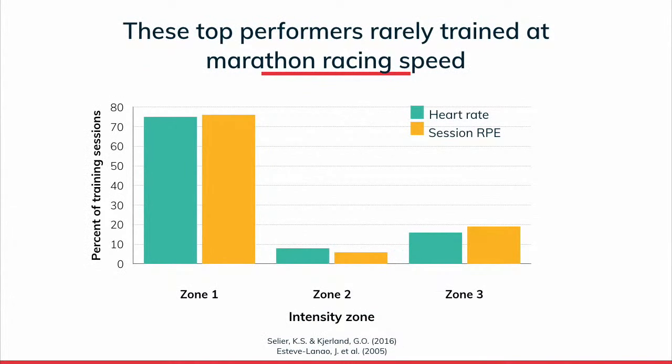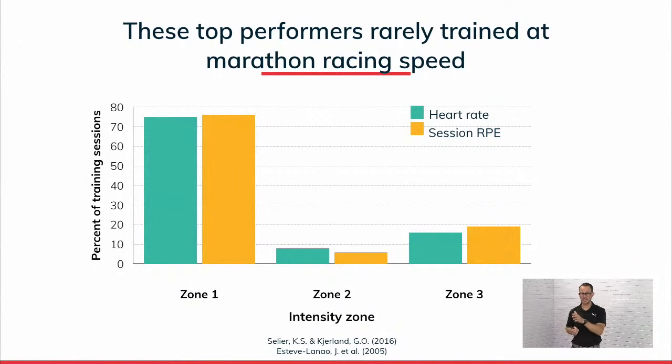Same research group, as well as some compounded data looking at elite marathon runners and how they actually prepared and trained for their races. And you can see that this matches that same reverse J-shaped curve, where the vast majority of training was done at relatively low exercise intensities, and only a relatively small portion was conducted at high heart rate intensities.